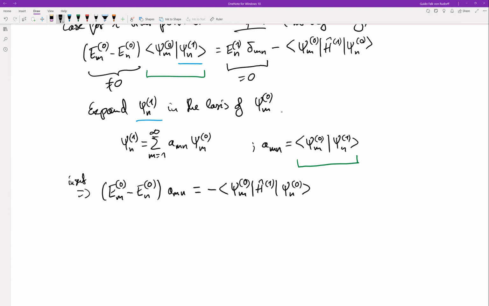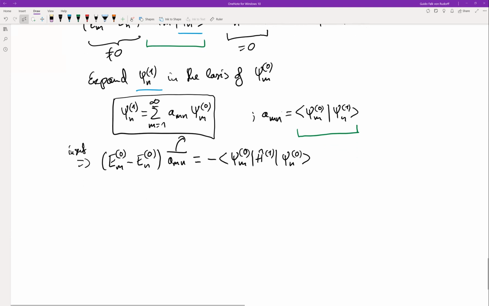So now we can reorder, we can solve for a_mn, and consequently insert this into the expression we had. So that's the idea.